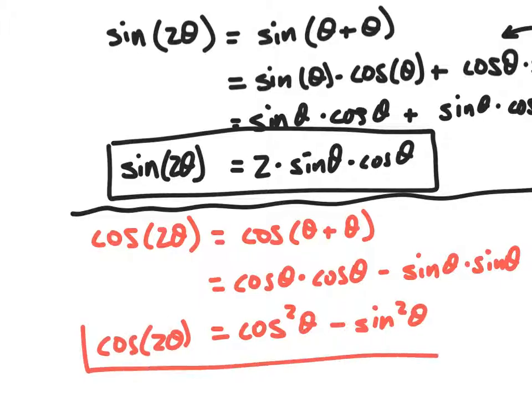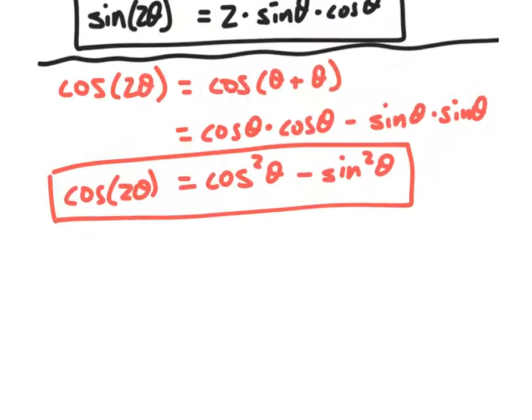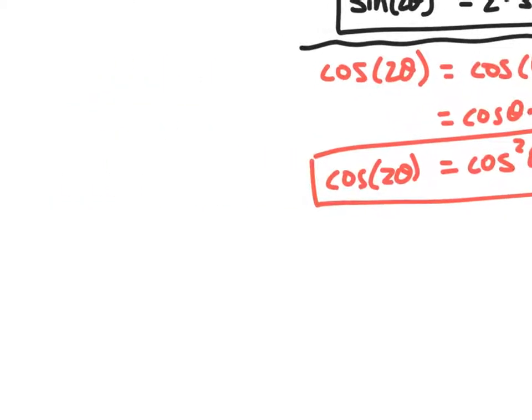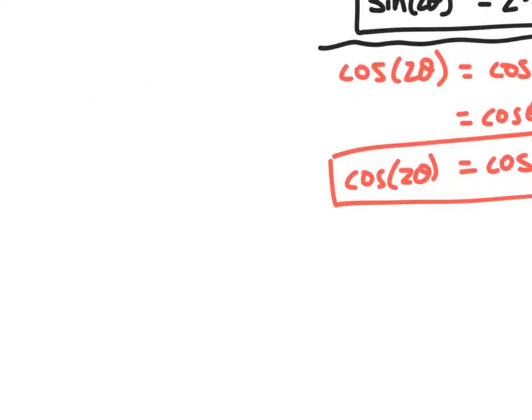Now this is my second identity. The cool thing is that once I have this identity, cosine of 2 theta is equal to cosine squared theta minus sine squared theta. This is one way to write this. You don't necessarily need to write this down, but remember cosine squared theta plus sine squared theta is equal to 1.